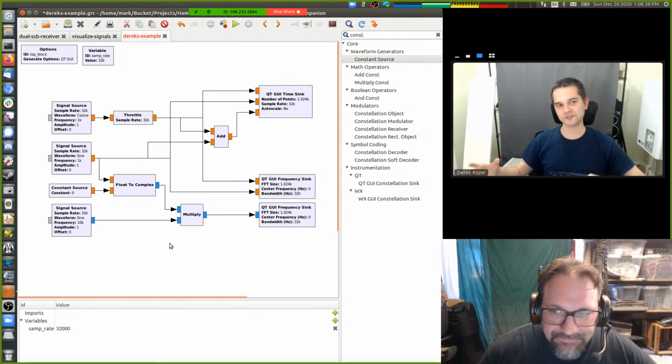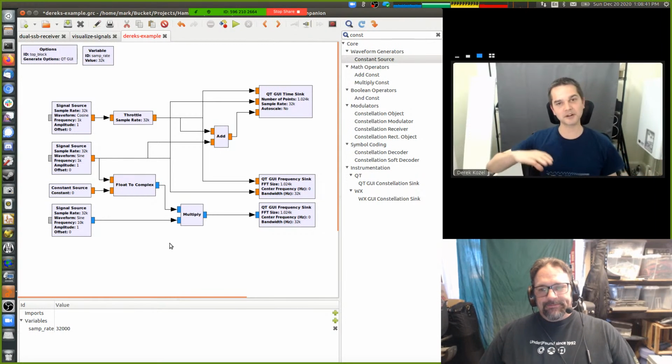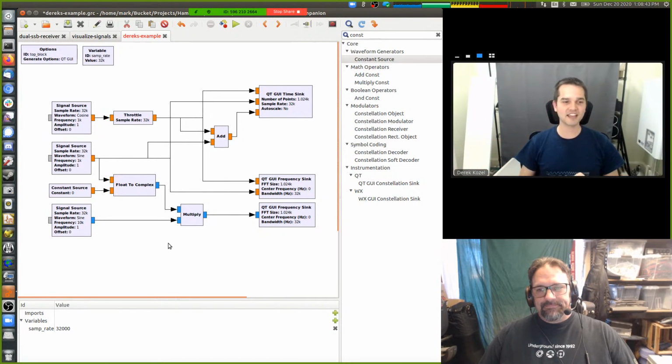So, quadrature sampling, complex numbers, amplitude and phase, these all start getting really weird, and different bits are useful at different times.